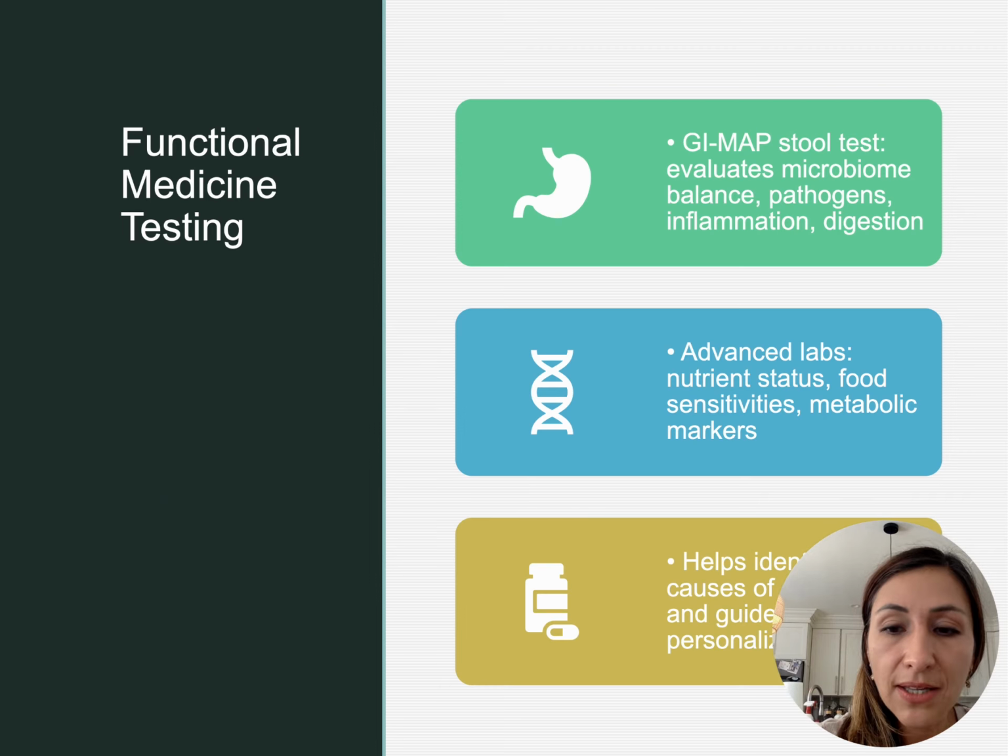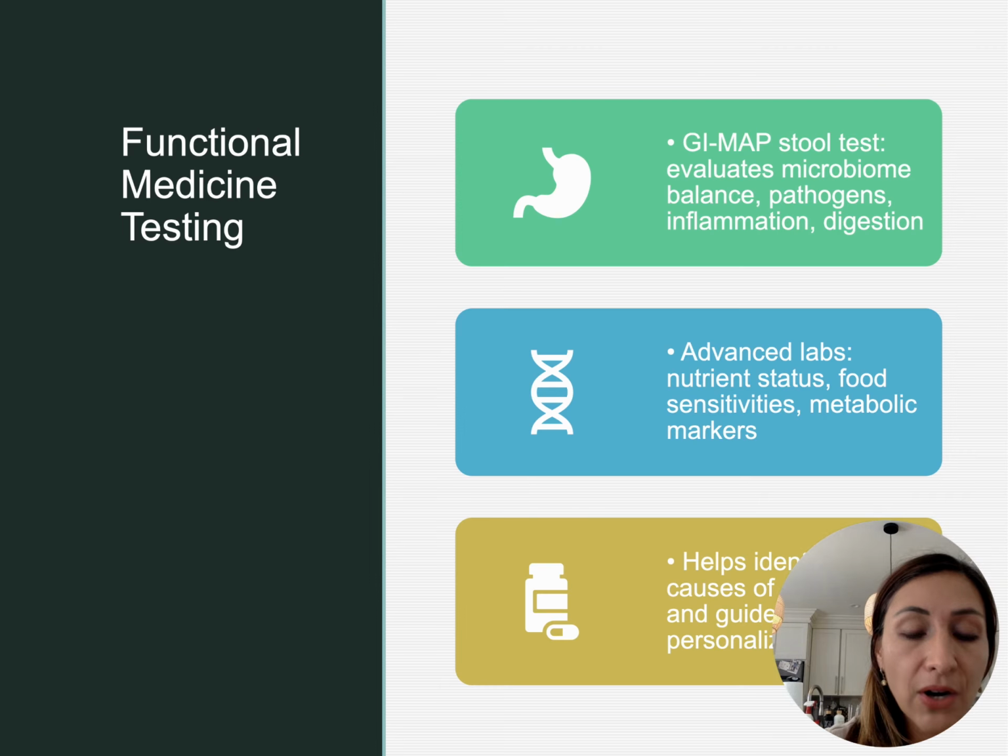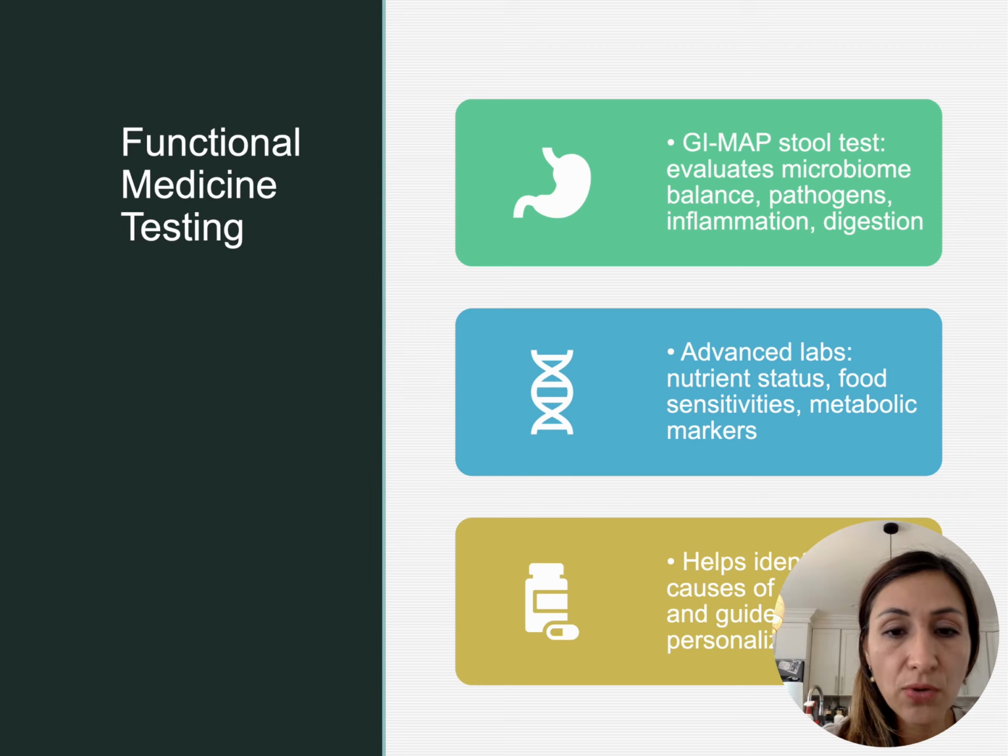It's a stool test that helps us evaluate the microbiome and its balance, the presence of pathogens, inflammation markers, and digestion. We also look at nutrient status, food sensitivity, and metabolic markers. This is another test that we will be running in functional medicine. All these help us have a better picture to find the root causes of why your gut is not in the right place.